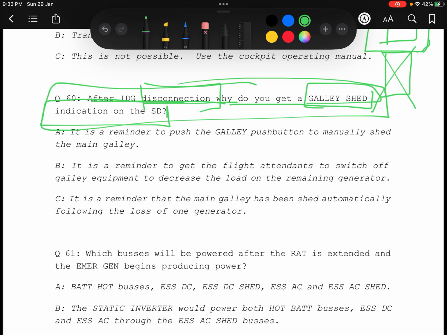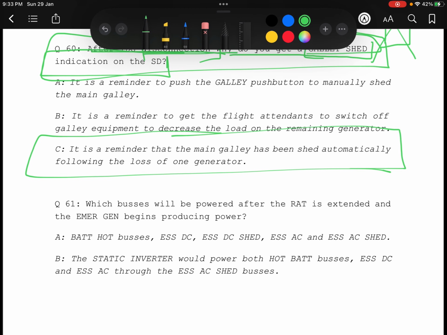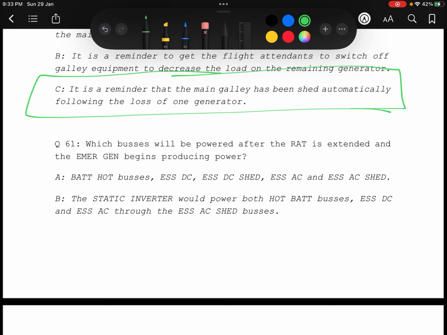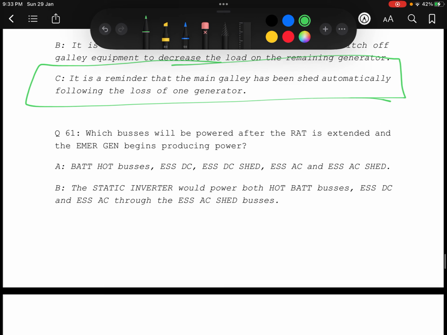So this is the same thing, and this is just a reminder to tell you that now we have shed some connections automatically. Go to the controls and indicators, you will easily find it.